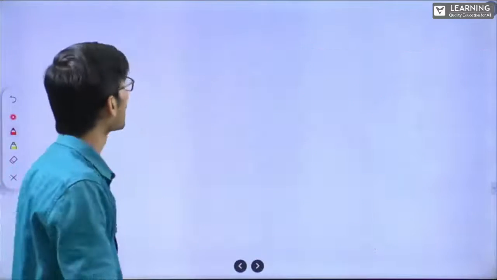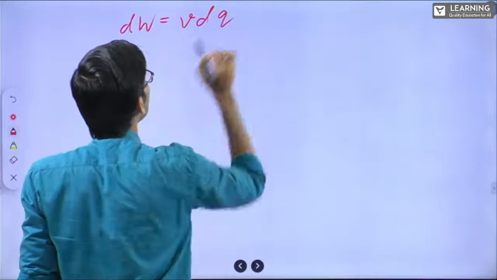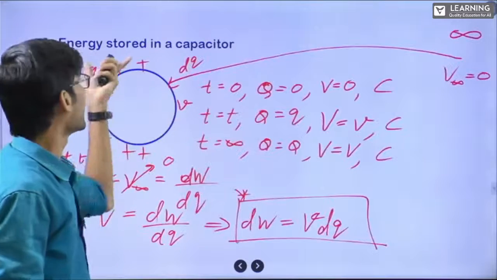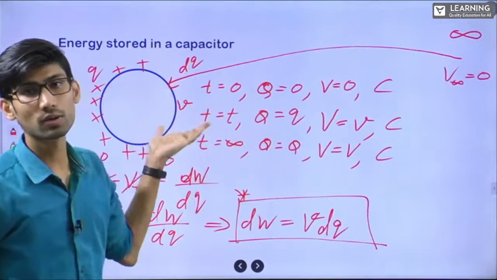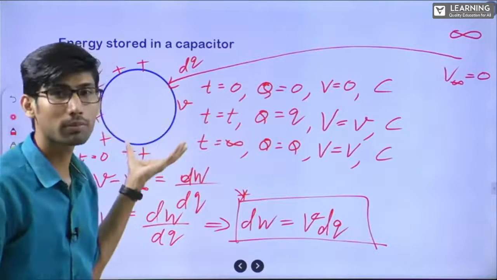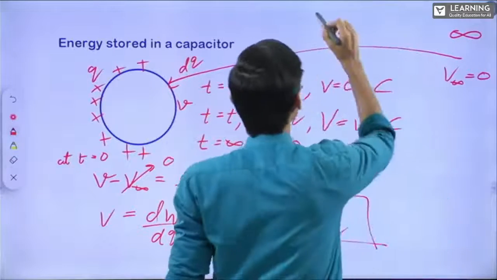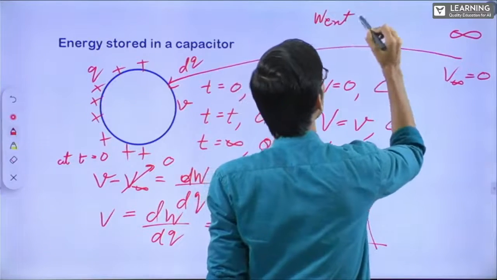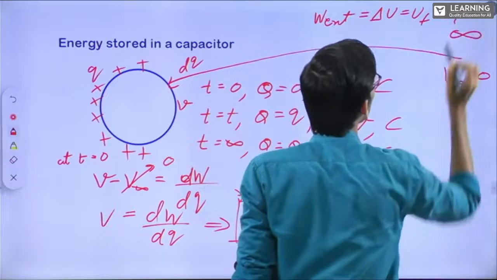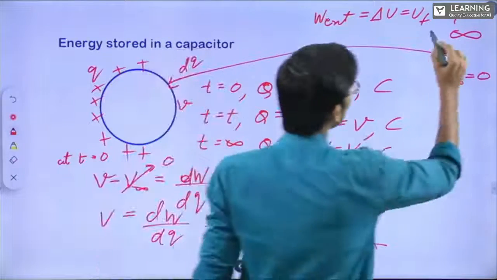Now see, dW is equal to V dq. I have to find out the complete work done. See, energy is stored in capacitor. What is the energy stored in capacitor? The work done by external agent is nothing but the energy which will be stored in the capacitor. Delta U is equal to W external, that is U final minus U initial, correct? When there was no charge, U initial was 0.